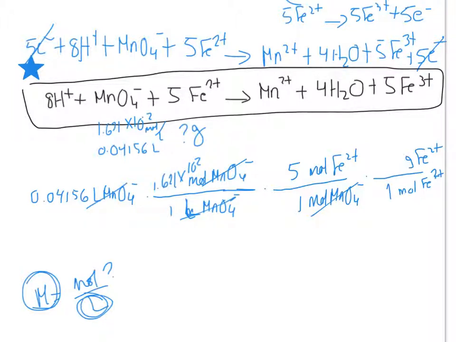The molar masses of Fe, Fe2 plus, or Fe3 plus are all the same because the electron's mass is almost negligible. So it doesn't matter if it lost a couple of electrons, it's not going to change its mass by much. So 55.8 grams. Moles cancel. Go ahead and calculate that.